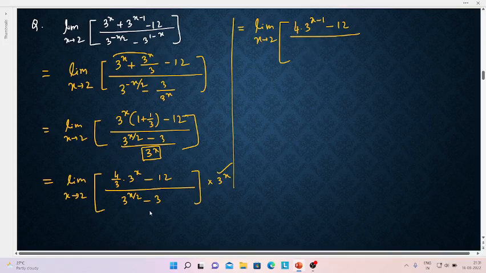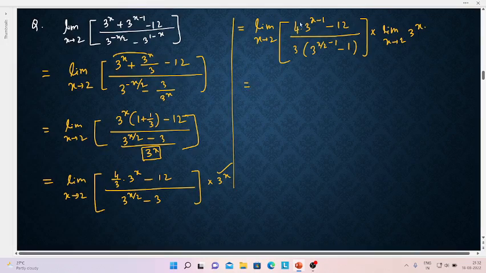if I take common, which is actually 3, right. Can you tell me how can I write down this thing, like if I take 3 common, then what will be the value? It is actually 3 to the power x by 2 minus 1, and that will be minus 1, right. And I have to split the limit into 2 factors, which is limit x tending to 2 of 3 to the power x.